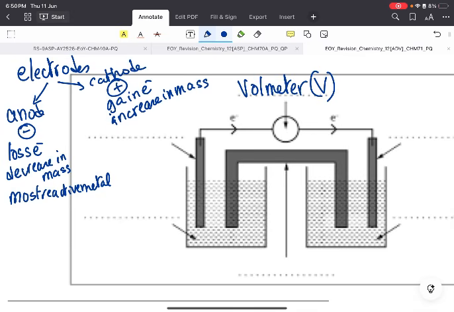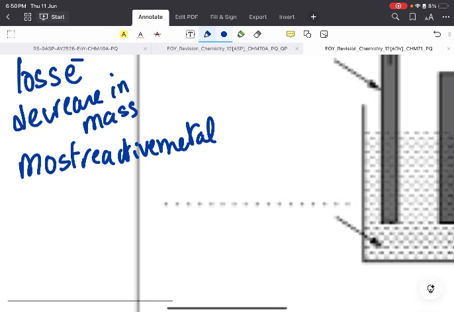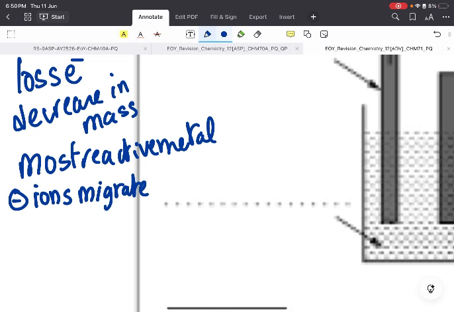Cathode doesn't have. Towards the anode from the salt bridge, here's the salt bridge. In the salt bridge, I have positive and negative ions. The negative ions in the salt bridge migrate towards it.